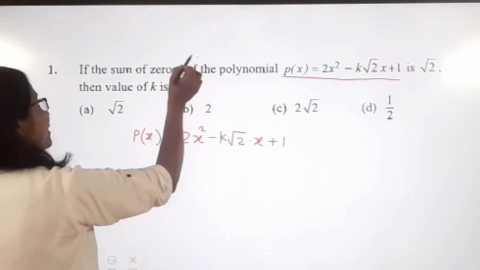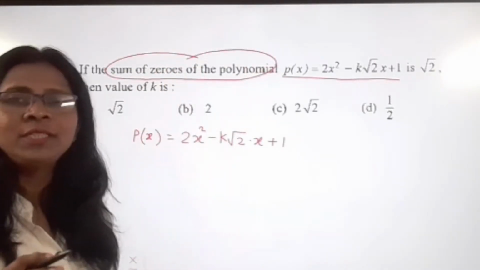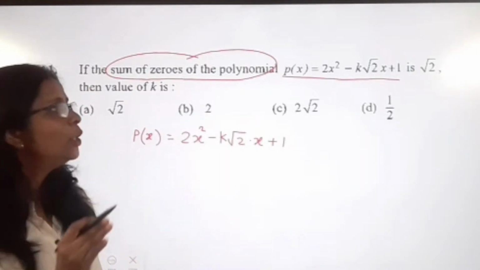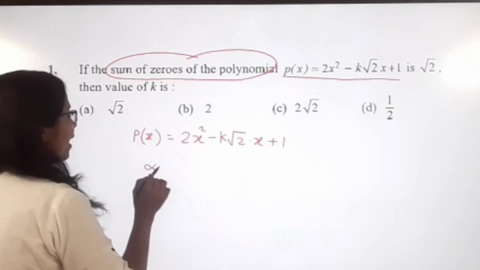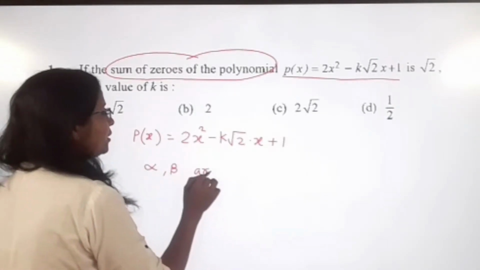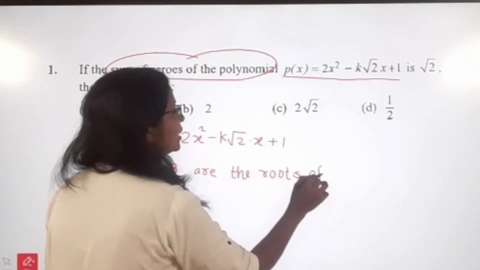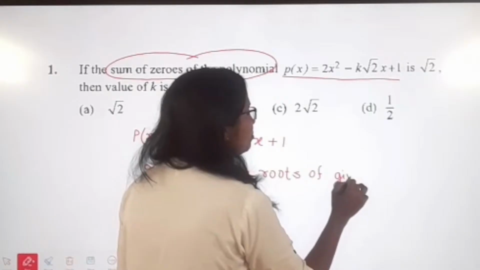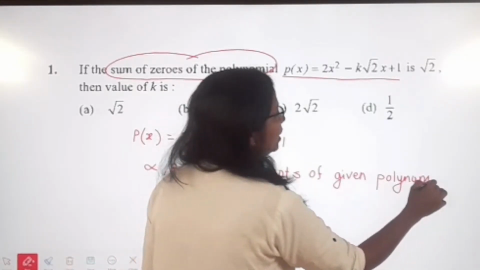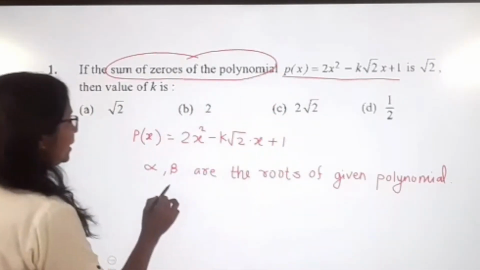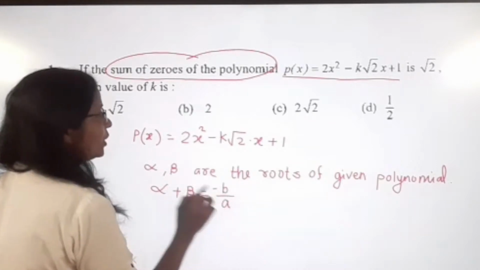Here the sum of zeros of the polynomial is root 2. So that means here students, if you let alpha and beta are the roots of the given polynomial, then alpha plus beta is equal to minus b upon a.